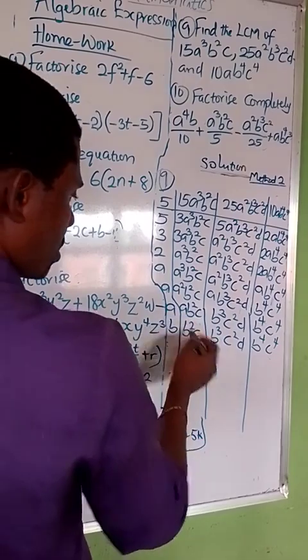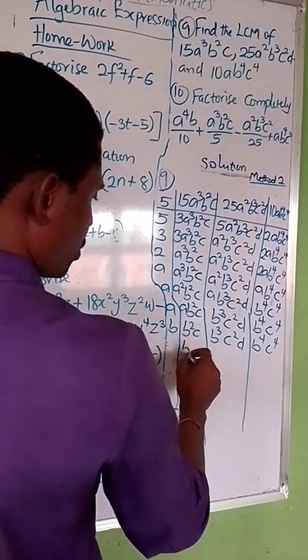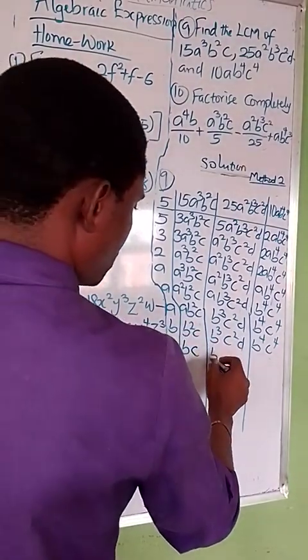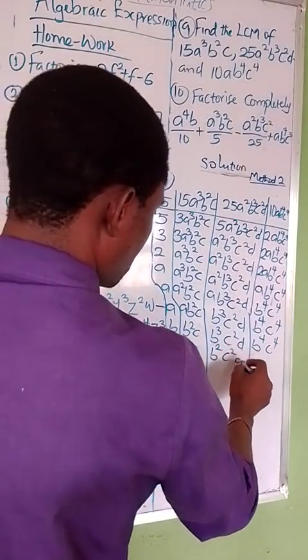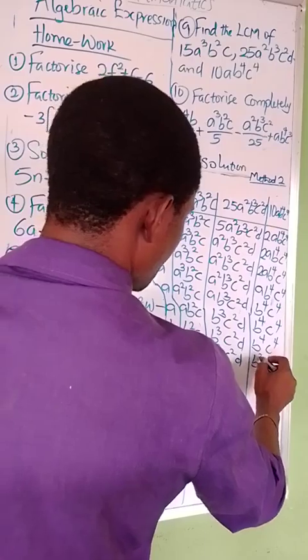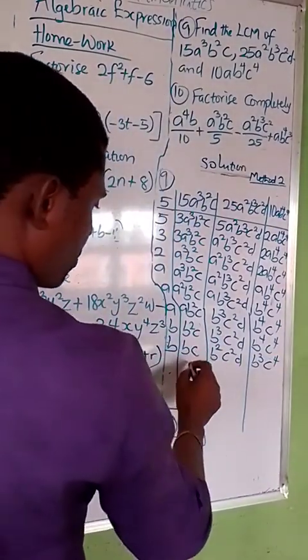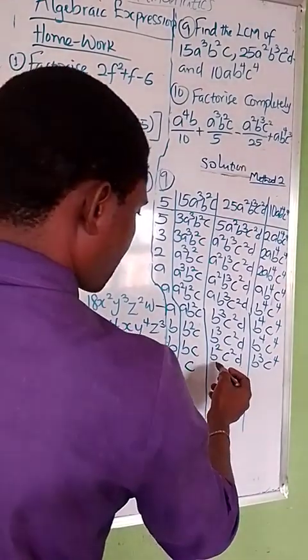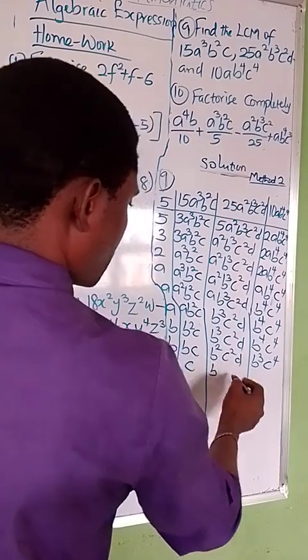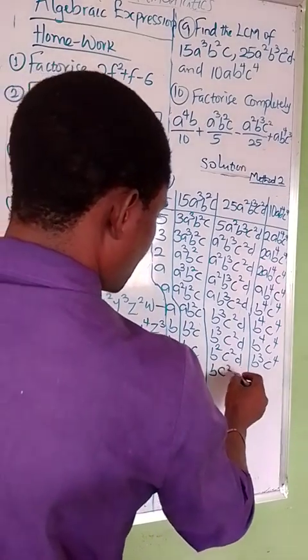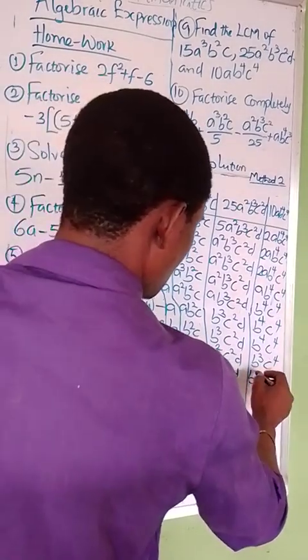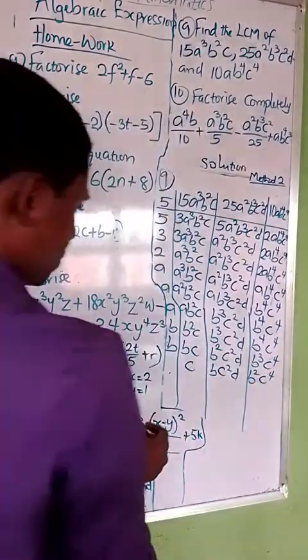Then you go to B. This will reduce to bc, to b squared c d, then b cubed c to the power 4. B is still there. So B, this will let C be left. 1b will be left, so c squared d, then b squared c to the power 4.